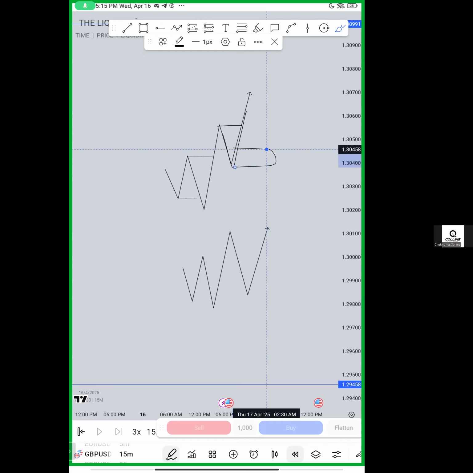People are taking trades because they say, this was the other block that broke structure here. So this is going to be liquidity.